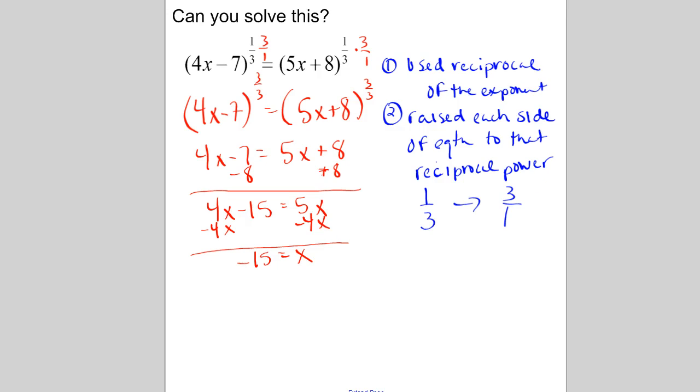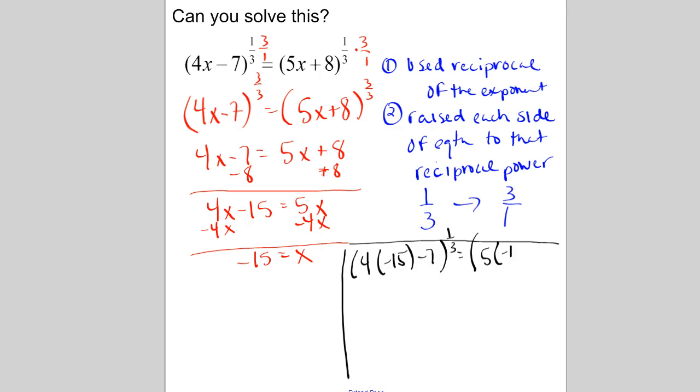So I'm going to check my work here. Does 4 times a negative 15 minus 7, to the 1/3, equal 5 times a negative 15 plus 8, to the 1/3?